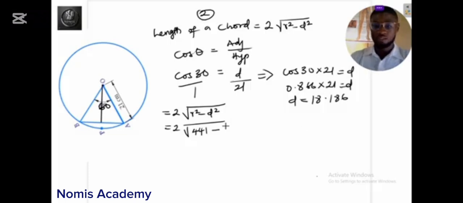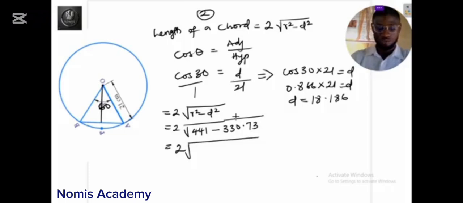So this is equal to 2 root 441 minus 330.73. We have 110.27.